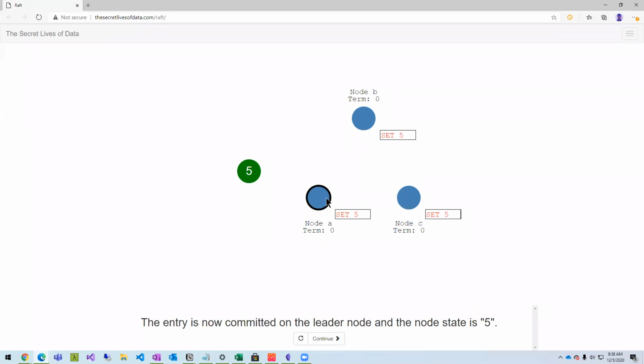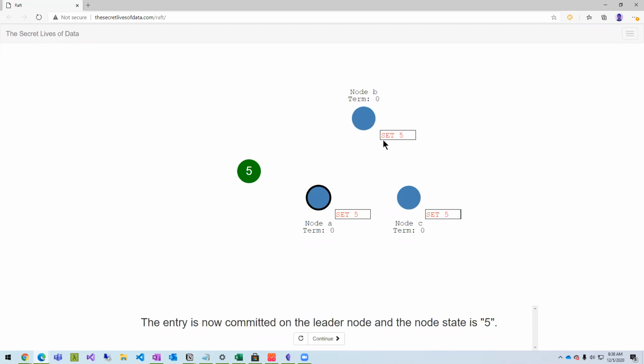Their reply means that they can definitely commit the value. Once this node gets replies from the majority of the nodes, it will make a decision to commit, and then it will send another message to commit. And once they receive the commit message, only then will they commit the values, right?